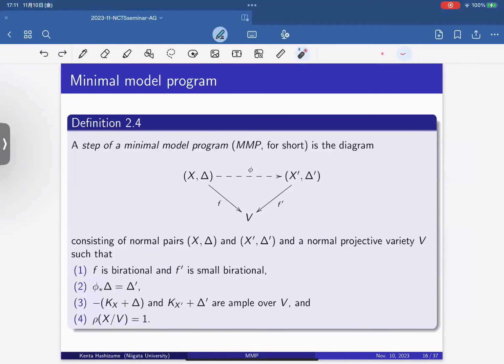Next, I define a step of the minimum model program for pairs. Okay, a step of a minimum model program, MMP, is a diagram satisfying four conditions. Here, (X, delta) and (X prime, delta prime) are pairs, and V is a normal projective variety.